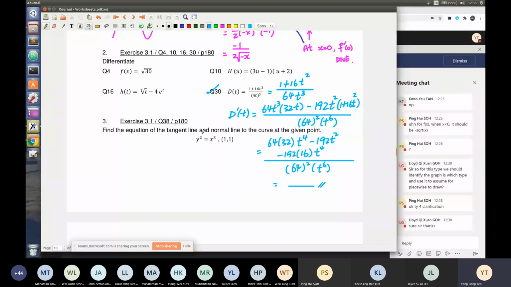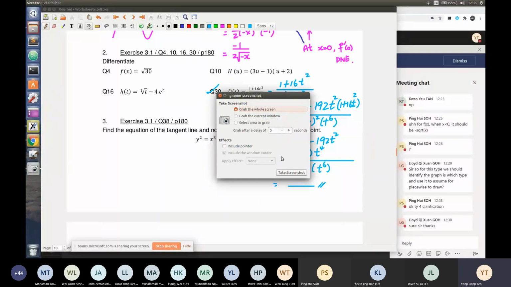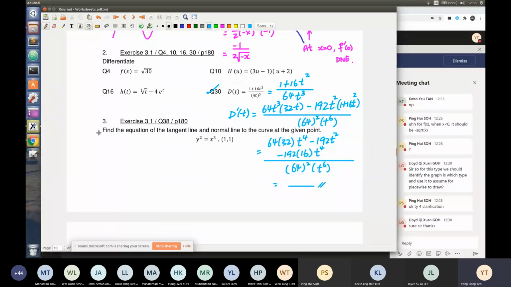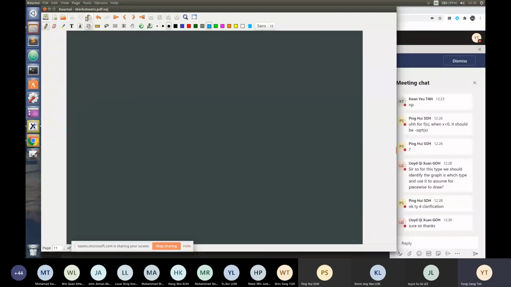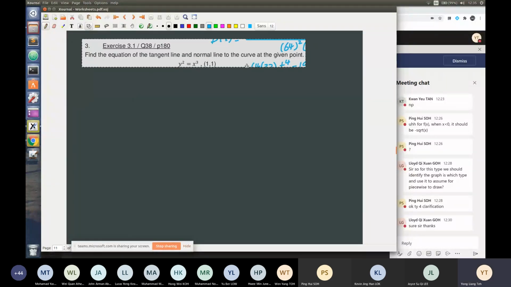Okay, so actually, such a question, you have two ways to solve for the gradient. So one is using implicit differentiation, which we are going to go through next week.